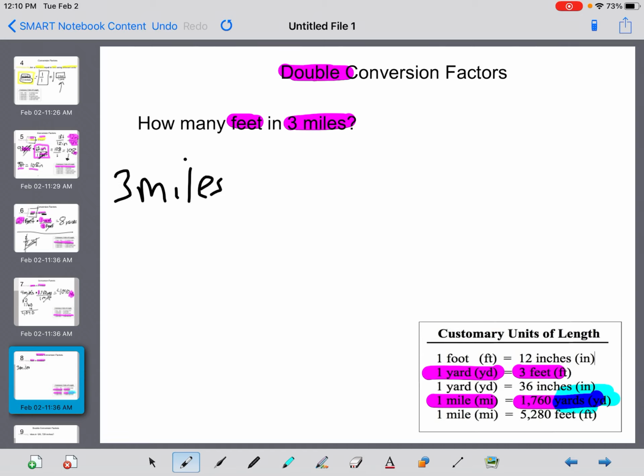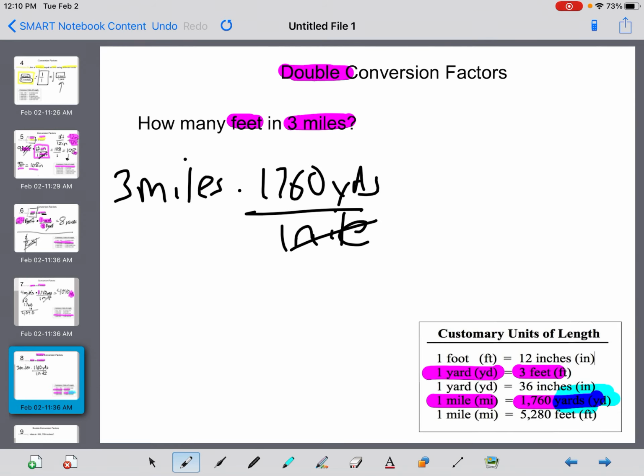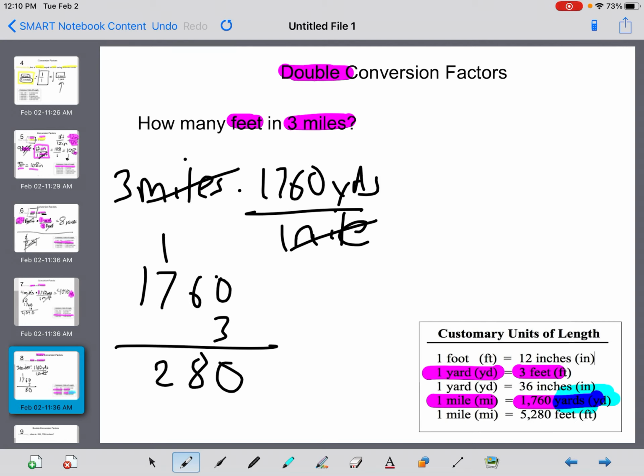So I want to get into my yards right here. So I'm going to use my conversion factor. What I want goes on top. So I want yards right now, even though eventually I want feet, over 1 mile. These cancel out, and I end up having to do 3 times 1,760.